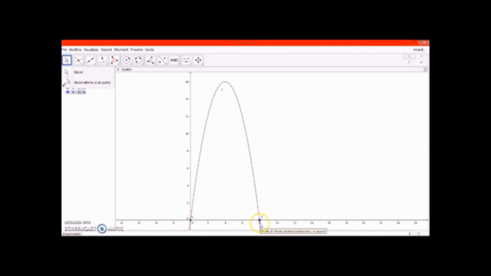So, (0 + 8) divided by 2 becomes 4, which is the x of our vertex. This is x equals 4. Then, if you substitute the value 4 into the equation, we find 16, which is the maximum point.